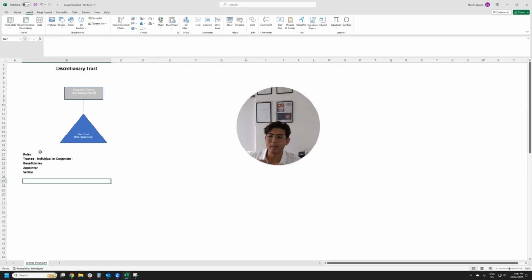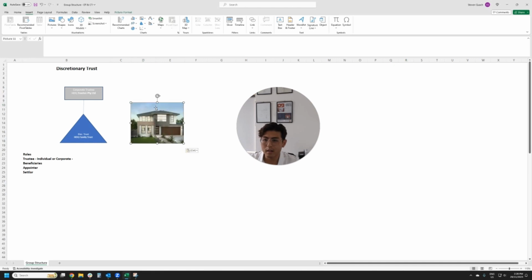So how does the taxation work and how do we reap benefit from this structure? Let's go through an example. Let's say this trust has a corporate trustee called HDQ Trustee Pty Ltd, and that acts as trustee for the HDQ Family Trust.